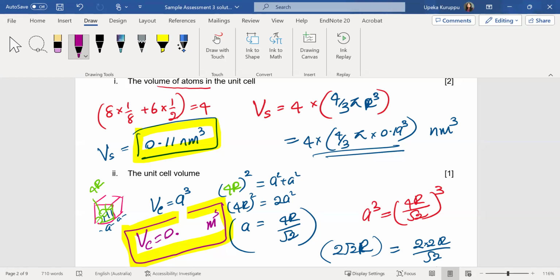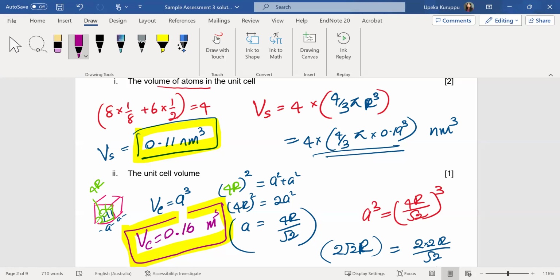It should be more than 1. 0.15 or 0.16. Okay, so this is right.